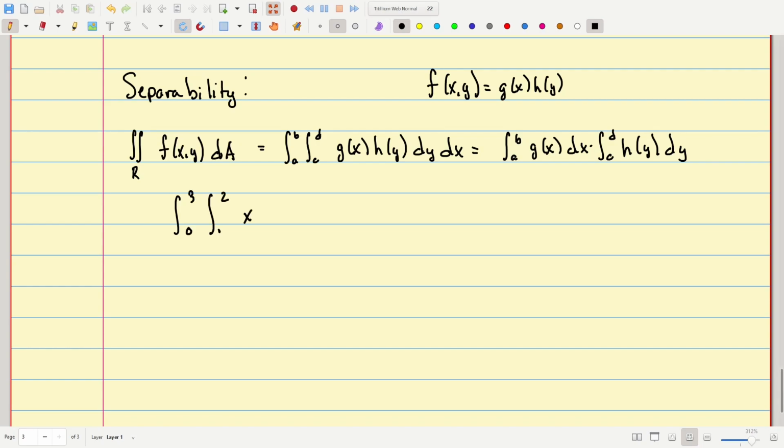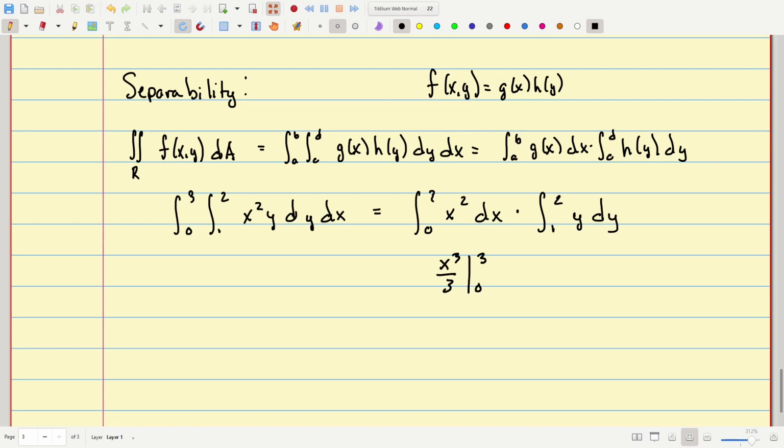Okay, so we had this example before, right? We got the variables in the right order. This should be equal to this. All right, so we have x cubed over 3 evaluated from 0 to 3 times y squared over 2 evaluated from 1 to 2.